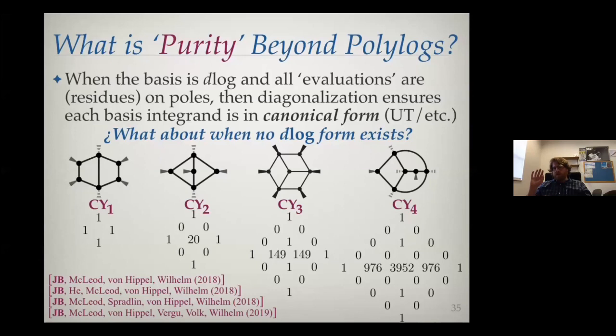These are quotients of the idiot's Calabi-Yau, or the first one you learn in every book, which is a degree p+1 polynomial hypersurface in projective space.